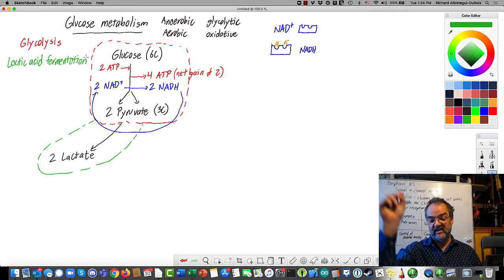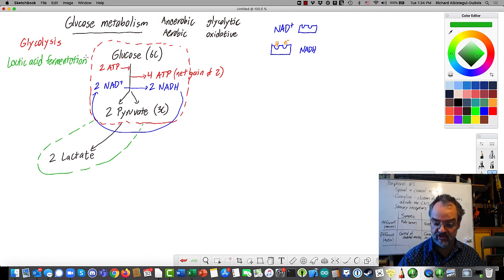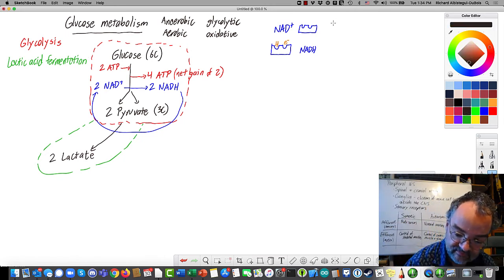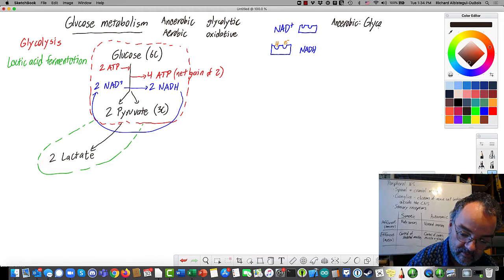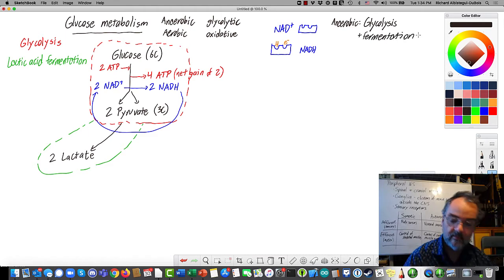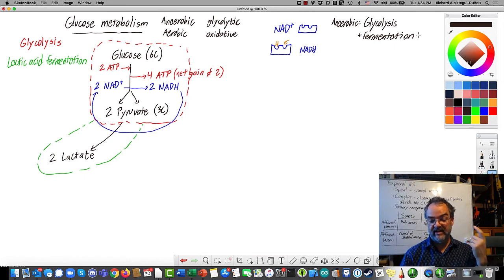That process, glycolysis plus fermentation, is anaerobic metabolism. So if we're going to do anaerobic metabolism, we're going to take glucose, go through glycolysis to pyruvate, and then turn the pyruvate into lactate.